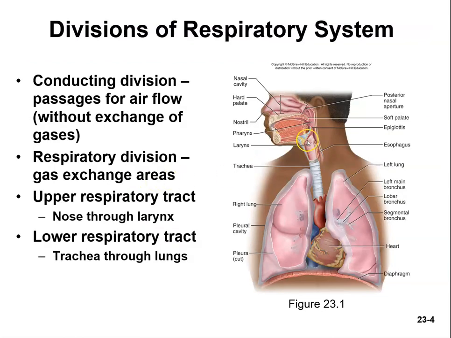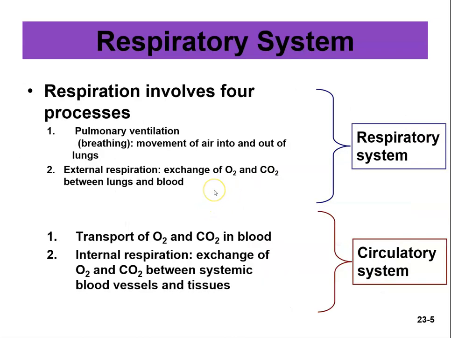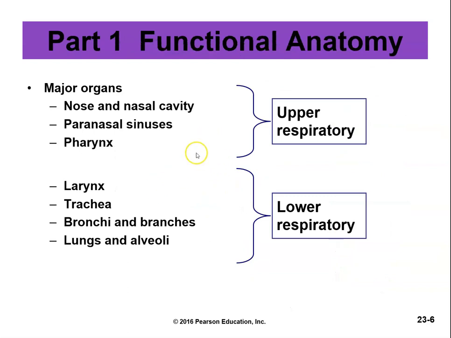So the glottis is right about here. You see how the larynx goes here and here. Anything below this, that's why the larynx is cut in the middle, is it part of the upper or the lower? The trachea, the bronchi, and the lungs are part of the lower respiratory tract. So you're coughing to clear the trachea, the bronchi, and the lungs, and you're sneezing to clear the nose, paranasal sinuses, and pharynx.